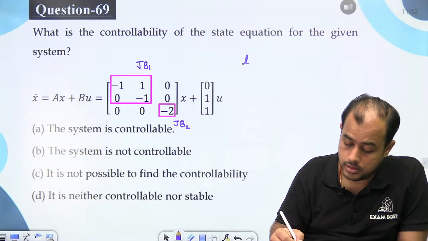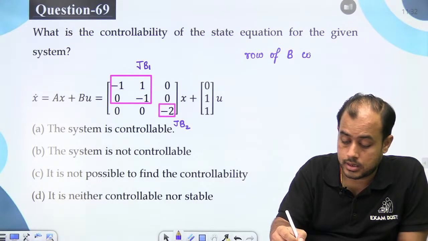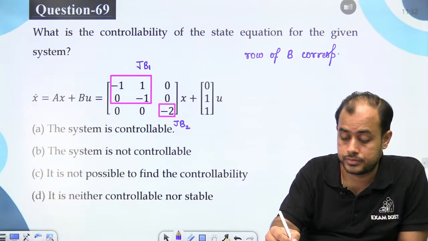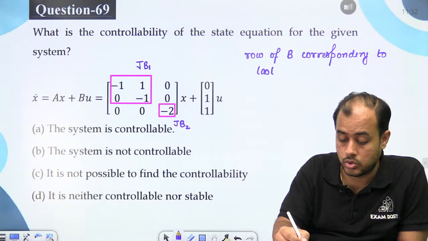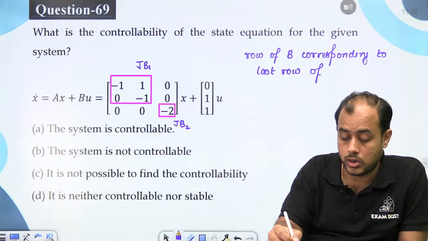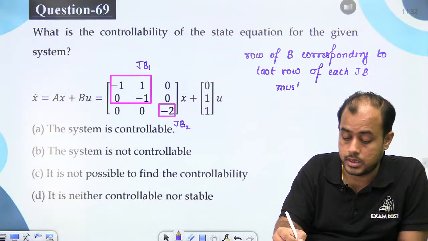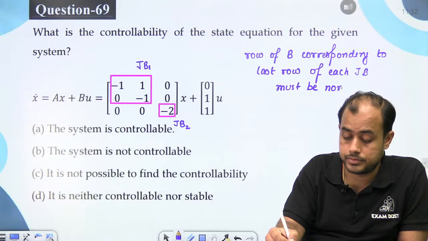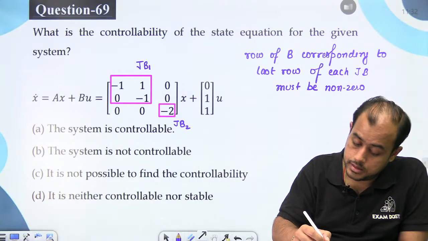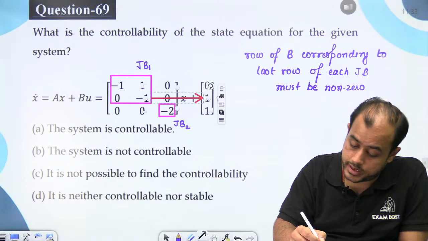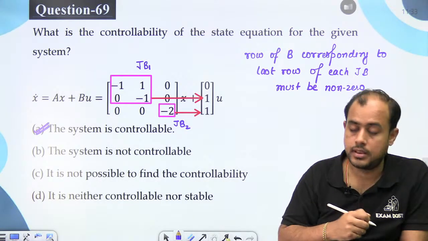So row of B corresponding to last row of each Jordan block must be non-zero. देखो, पहले जॉर्डन ब्लॉक का लास्ट रो ये, दूसरे वाले का ये, बोथ आर नॉन जीरो, कंट्रोलेबल.